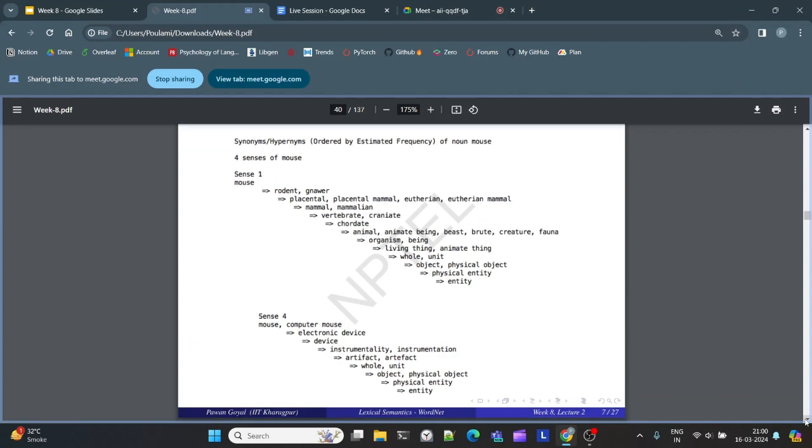Ma'am, in this slide, they have mentioned four senses of mouse. So what are the four senses of mouse? These four senses mean four meanings of mouse. What are the meanings that they are considering? Here they have only shown sense 1 and sense 4. There would be two more, sense 2 and sense 3, which are not in the slide.